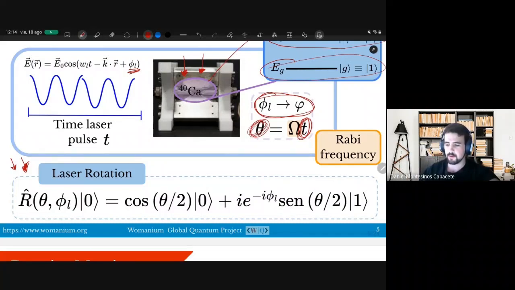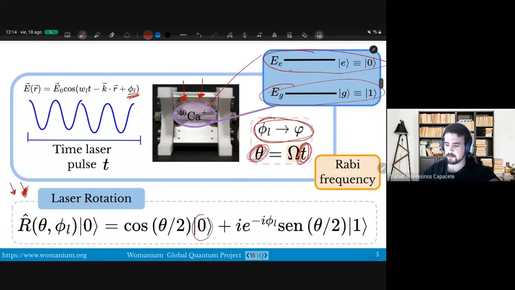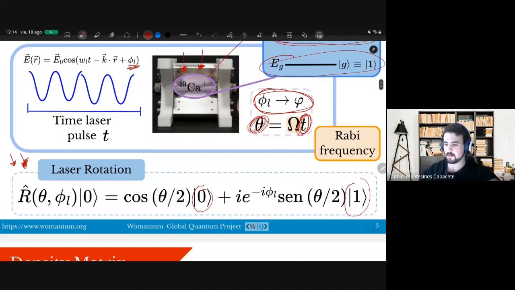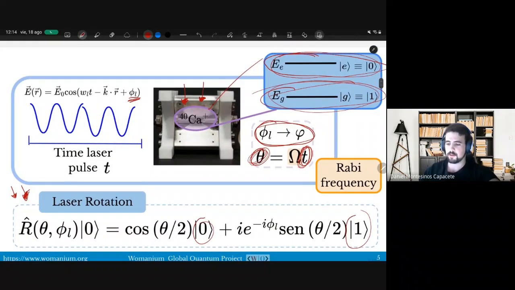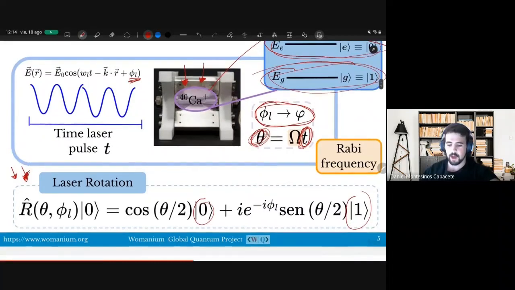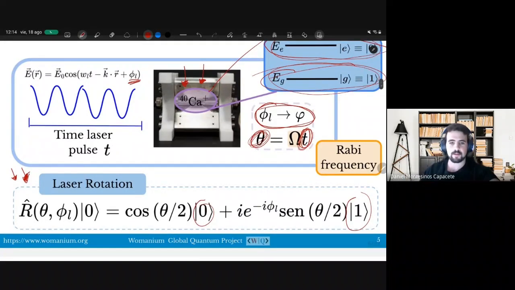Because at the end, this zero is just this electronic state, and this one is just this other electronic state. So applying the laser, given a certain initial phase of the laser, depending on the length of the time pulse, we can move through all the states that we want in the Bloch sphere, right? So that's important.